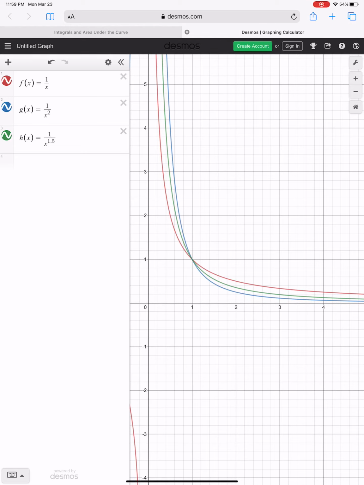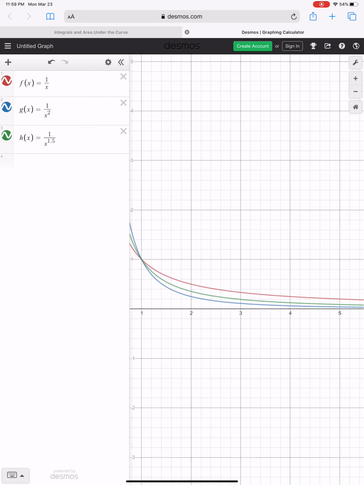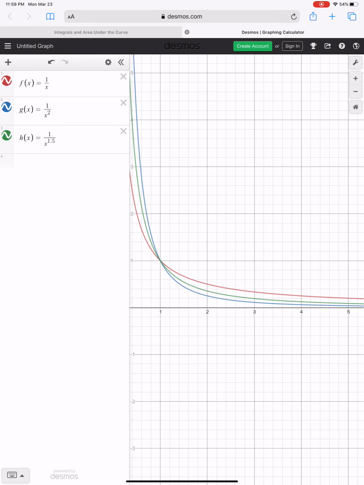The blue is 1 over x squared, that's the lowest, and the area from 1 to infinity we found was 1. The green is the next highest.